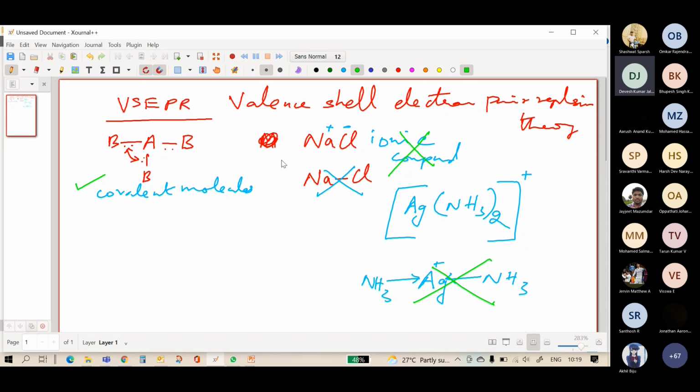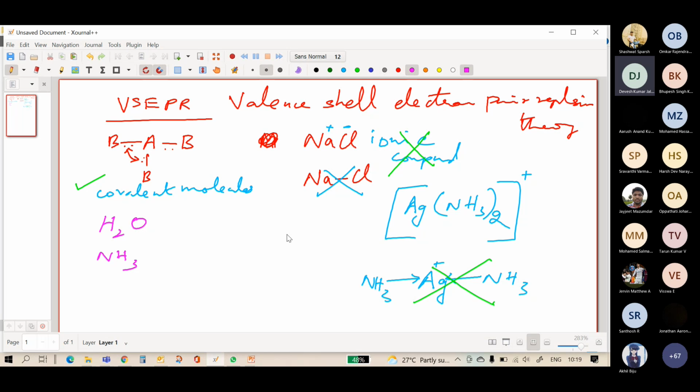This particularly applies for covalent molecules. If you want some examples of covalent molecules, you have water, you have ammonia. I'm going to give you quite a few covalent molecules for you to explore through Avogadro a little later.